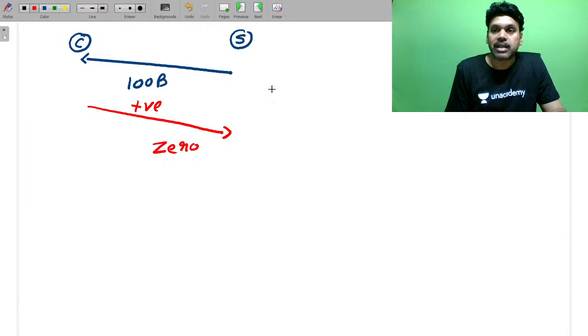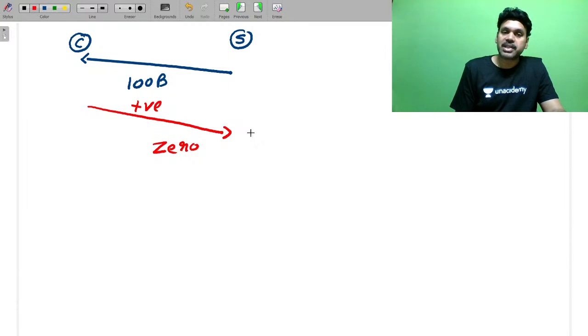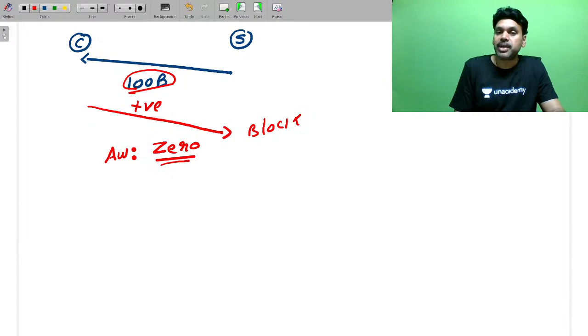So when the other party receives 0, he is going to be waiting, because he is simply under blocking. That's the meaning. You advertised 0, and 0 means you are unable to process the previous 100 bytes. That's why you advertise it with 0. So immediately the other party is going to be blocked.